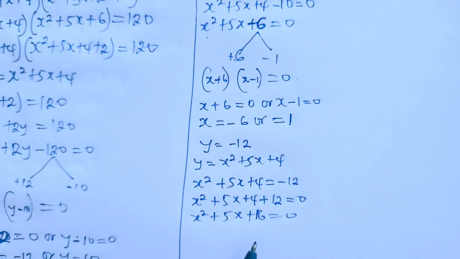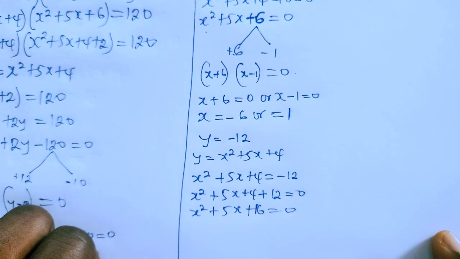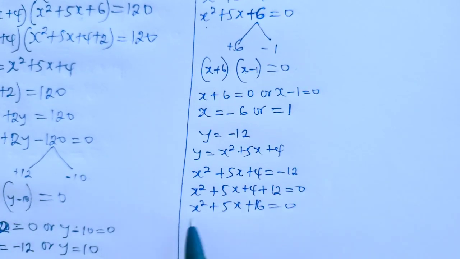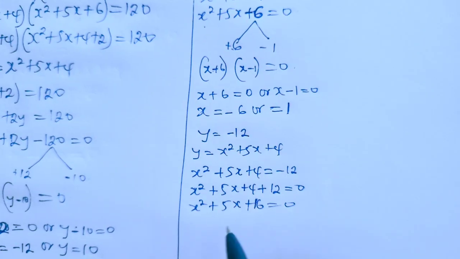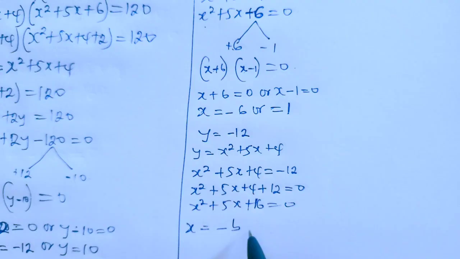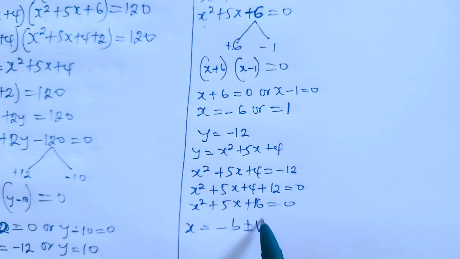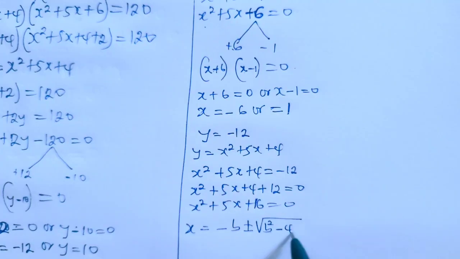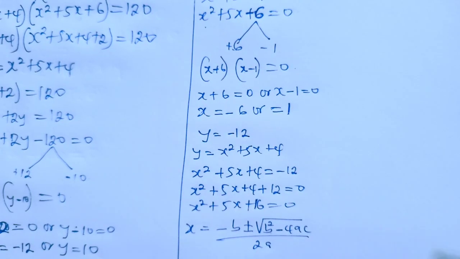We're going to use the formula method. Recall that the quadratic formula is given as x equals minus b, either positive or negative square root of b squared minus 4ac, all over 2a.